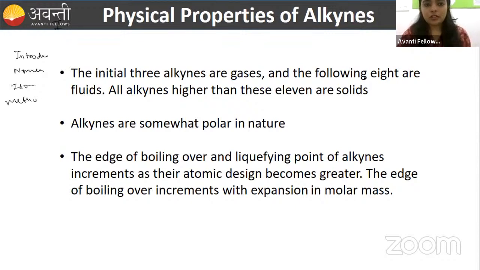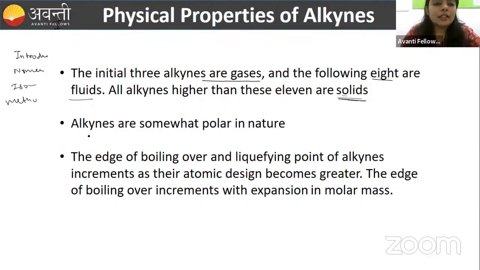Like all other compounds, alkane and alkene, lower molecular mass compounds are gases. If we take 8 carbon, then it will be liquid. If more than 8 carbon, then it will be solid. As the molar mass increases, the compound becomes solid.